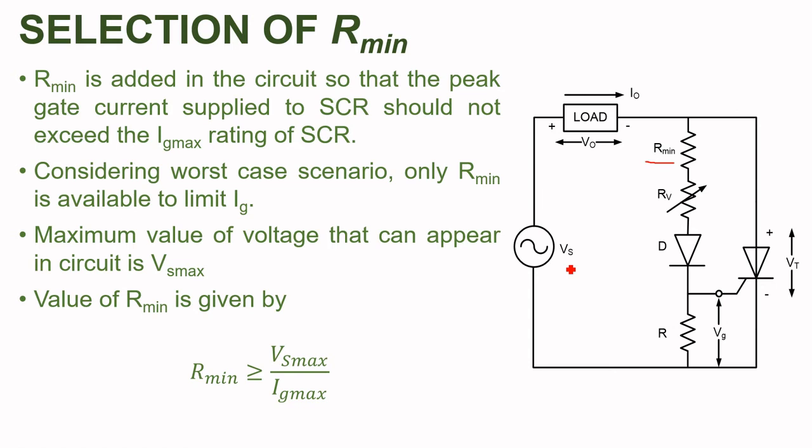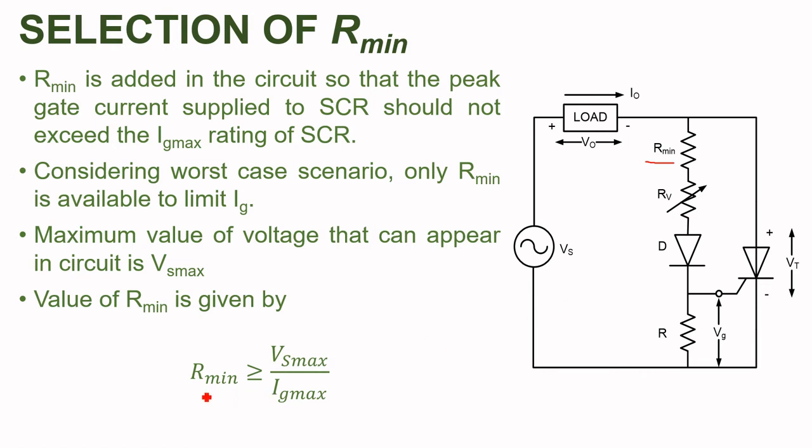We are not considering here the voltage drop across the diode D. We are also considering that the value of RV is equal to 0 and the value of R is also equal to 0. We are also considering that whatever is the current supplied by the source Vs is provided directly to the gate and no current is flowing through resistance R.